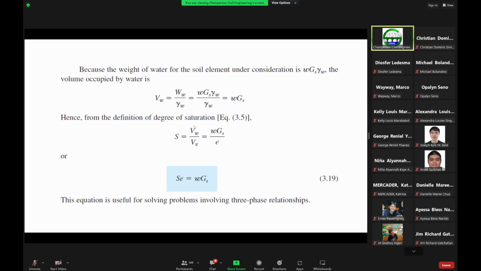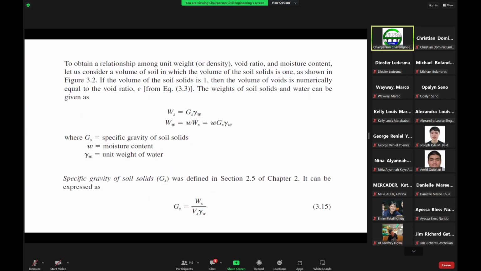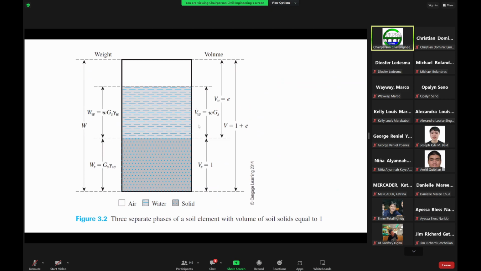Considering now the definition of the degree of saturation, symbolized by capital S, wherein the degree of saturation is equal to the volume of water over the volume of voids. Based from the diagram, we know that the volume of water is equal to the water content times the specific gravity of the soil solids, and then the volume of voids is equal to the void ratio.